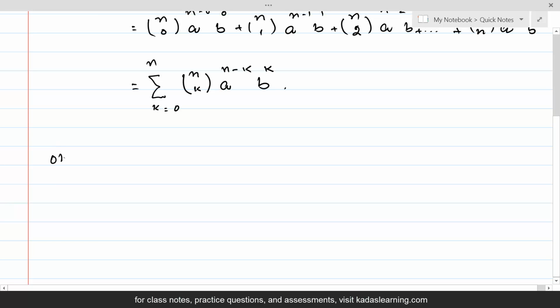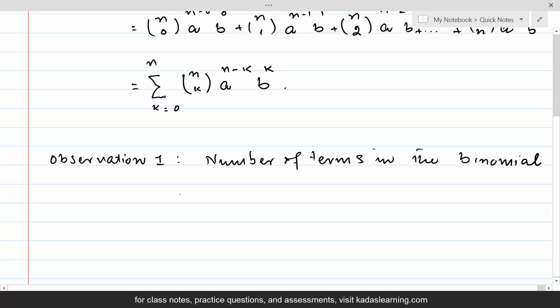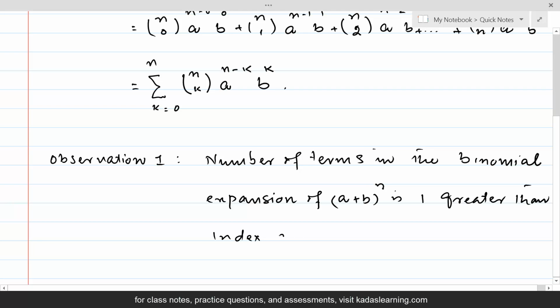So observation 1 is that the number of terms in the binomial expansion of (a plus b) power n is 1 greater than the index, which is n here.